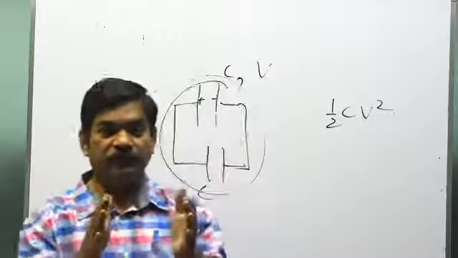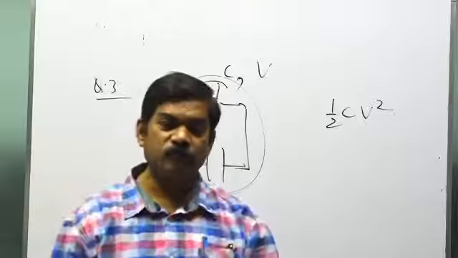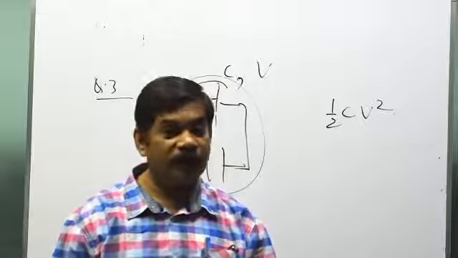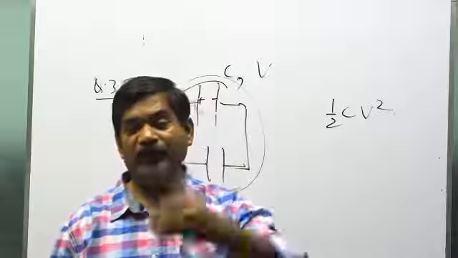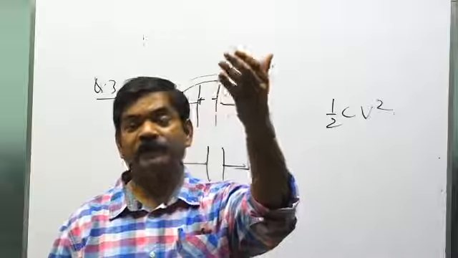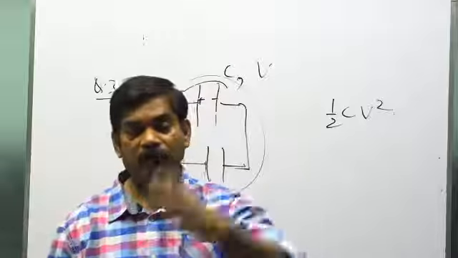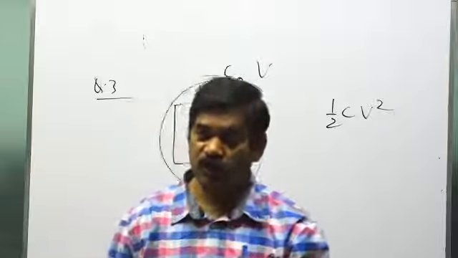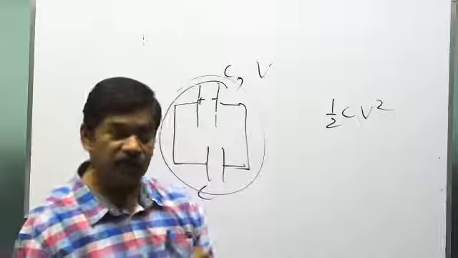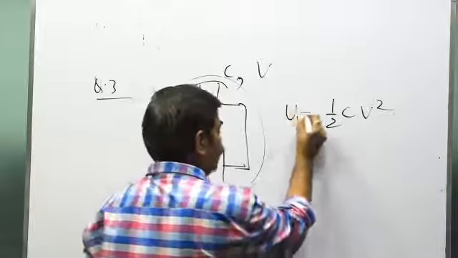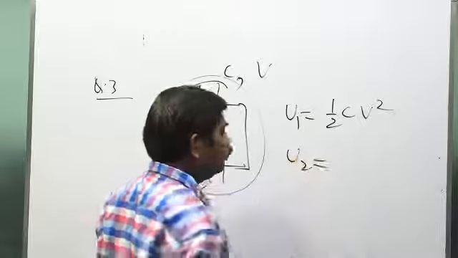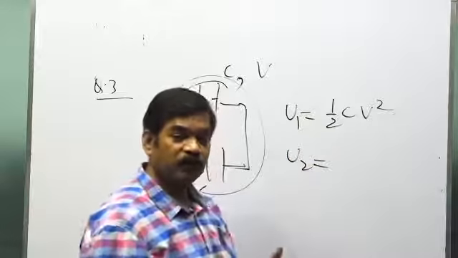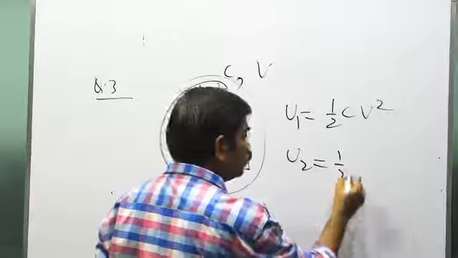Like when you connect only capacitors and no battery, because when a battery is connected, it either supplies or withdraws charge, so the charge of the system changes. Here the charge remains constant, so when you calculate the final energy, U2 becomes half Q square by C.